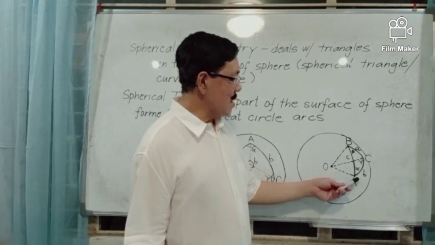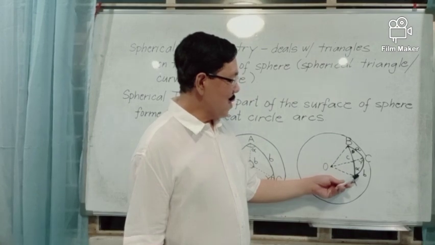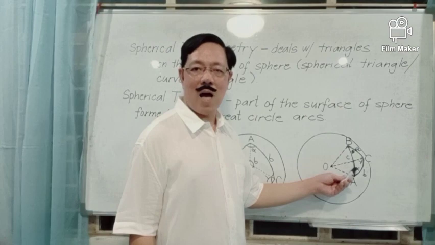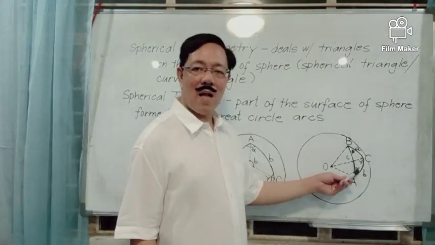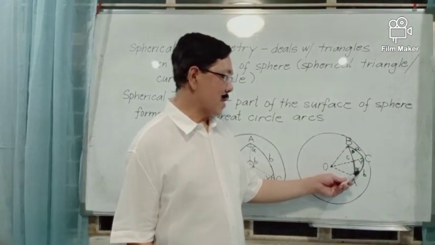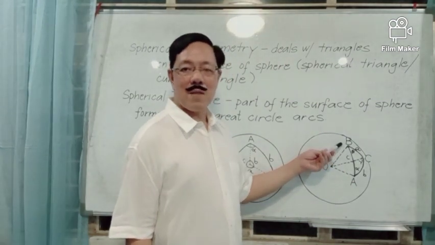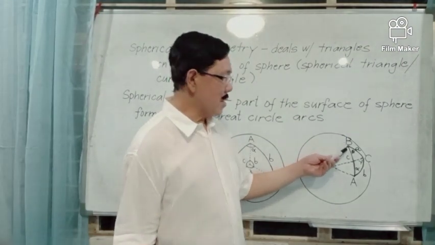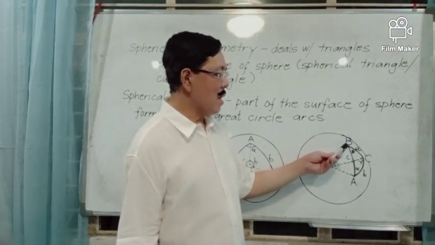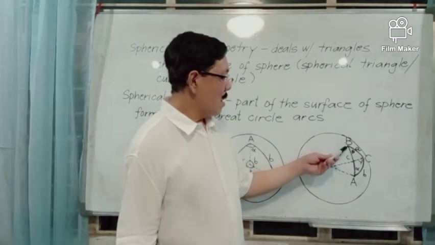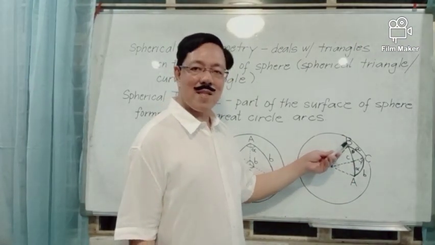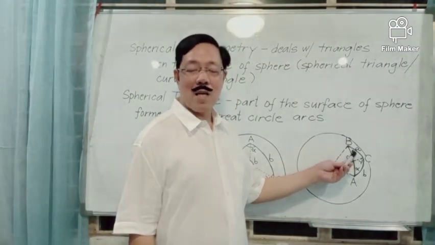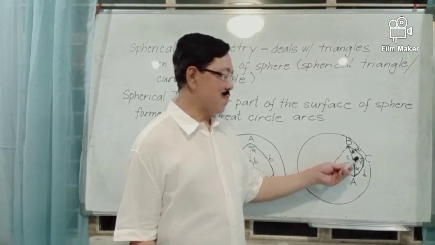At this vertex, the angle formed by the intersection of this arc and this arc is denoted by the Greek letter alpha. And this angle alpha is on the surface of the sphere. Similarly, at vertex B, we have the angle formed by the intersection of arc AB and arc BC. The angle at vertex B is denoted by the Greek letter beta, and this angle beta is also on the surface of the sphere.